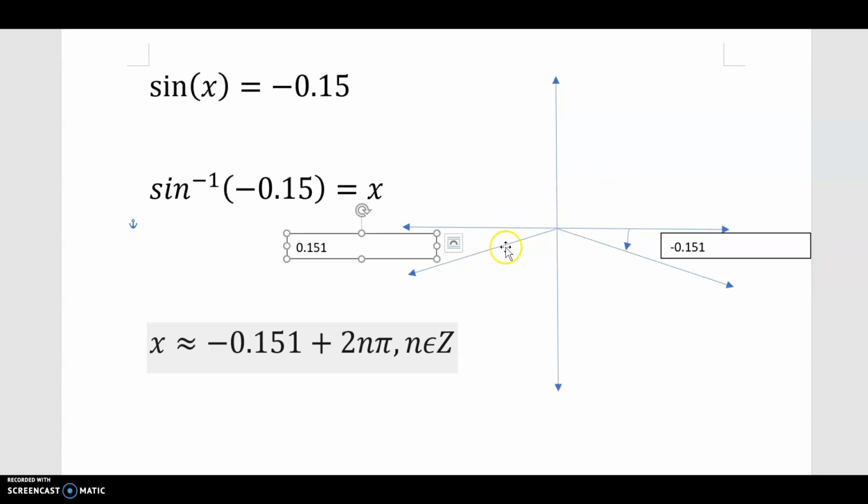Well, this is 0.151 radians more than pi. So one option I have is to take a positive angle of pi and add 0.151, and it will give me the radian measure for an angle that ends on this terminal side. And when I do that, I get a second solution.